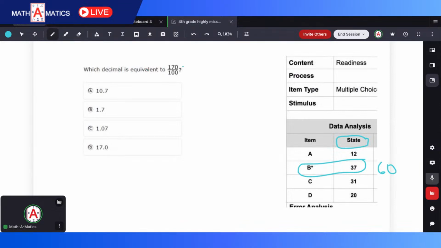Okay. Well, hopefully our students know when that numerator is much larger than our denominator, we have a whole in here somewhere. There is a whole. So one of the first things we're going to do, or I tell my students, is take this denominator and put it over itself, 100, and subtract.